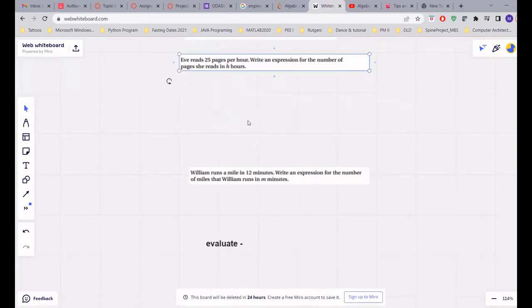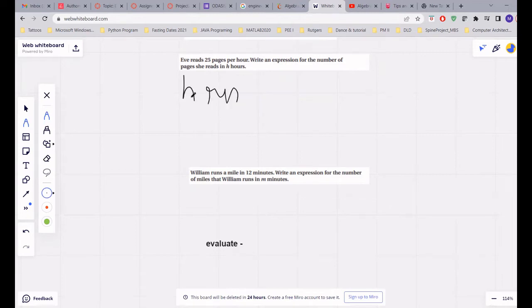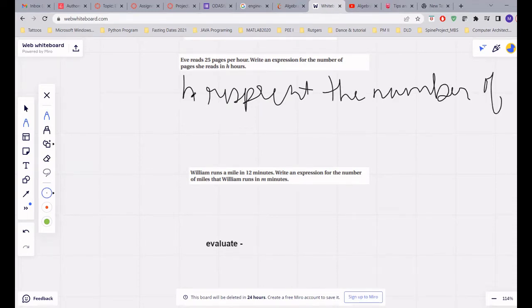So let's solve this word problem together. H here, yes, it is a variable, and it represents the number of hours that Eve reads.